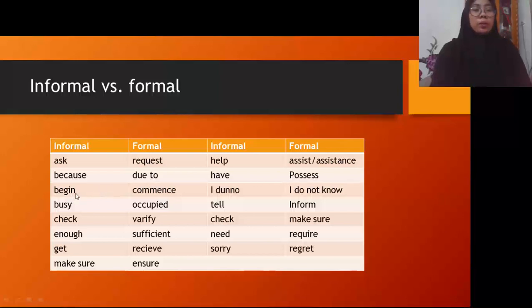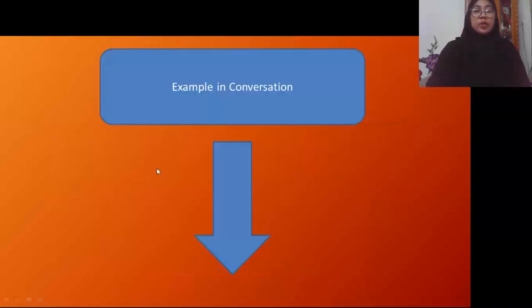Like the word "begin" for informal, and "commence" for formal; "busy" for informal, "occupied" for formal; "check" for informal, "verify" for formal; "enough" and "sufficient"; "get" and "receive"; "make sure" and "ensure." You can use the suitable word in your conversation. Next one.